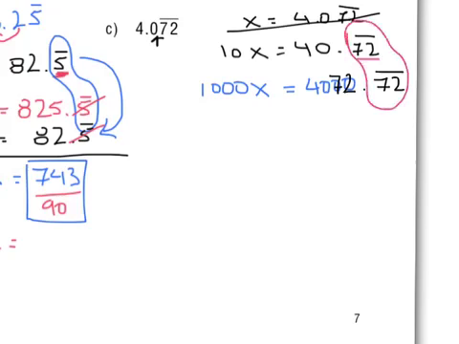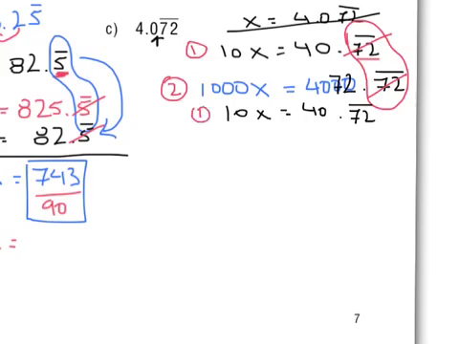And what I've done here is, again, I've isolated my repeating part. So when I subtract equation 1 from equation 2, the repeating part is going to disappear. But let me rewrite equation number 1 down here. So 10x equals 40.72 repeating. And so that's again equation 1.